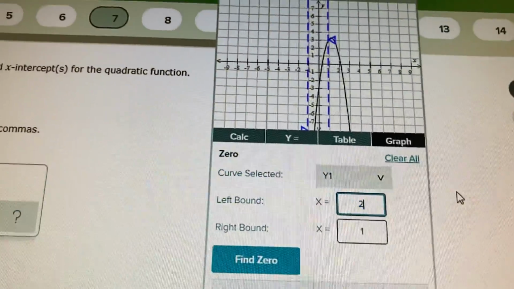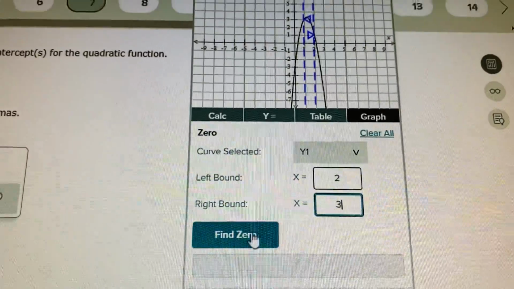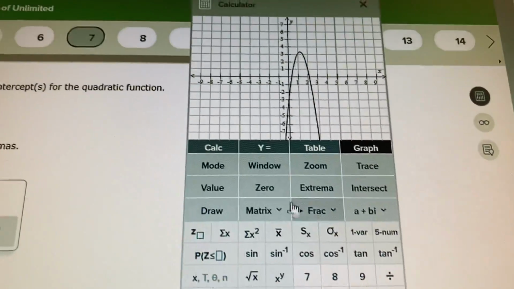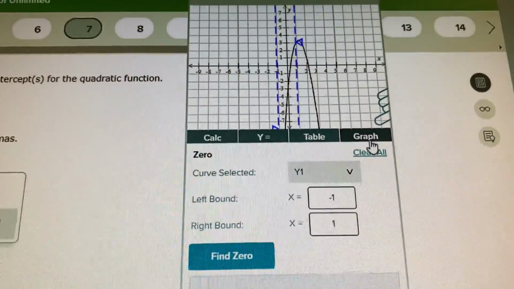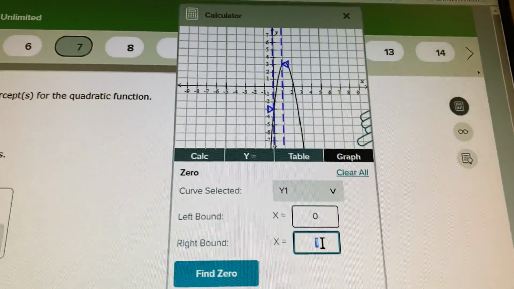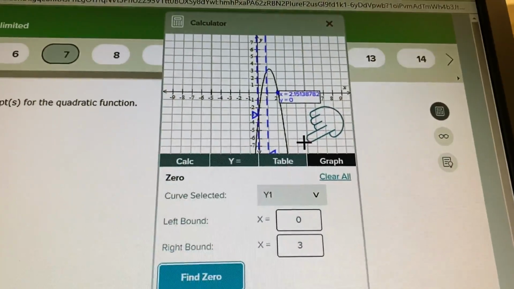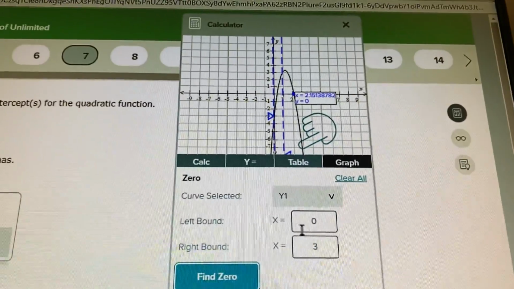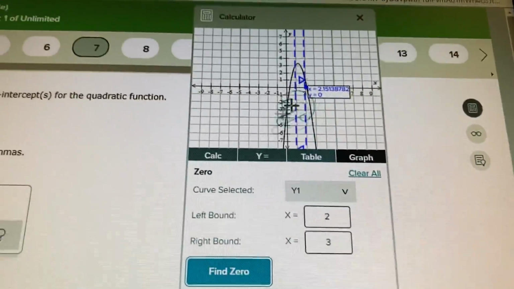Two and 3. Let's try the whole thing, 0 to 3. No. Okay, so let's do that again, 2 to 3. I just don't like that answer, but let's try it.